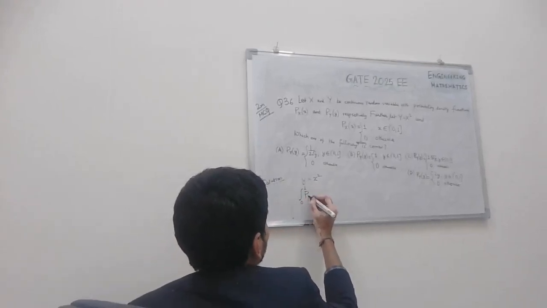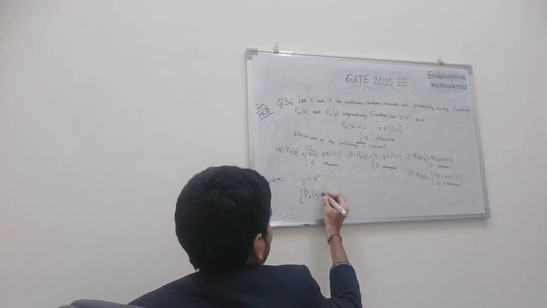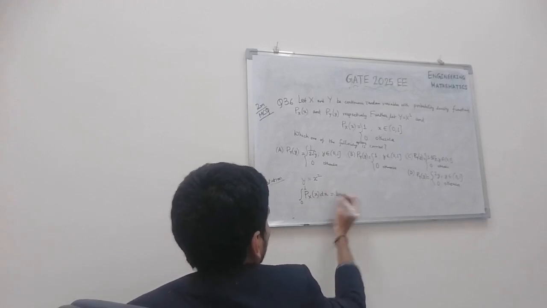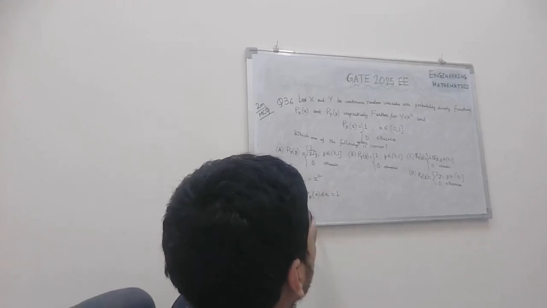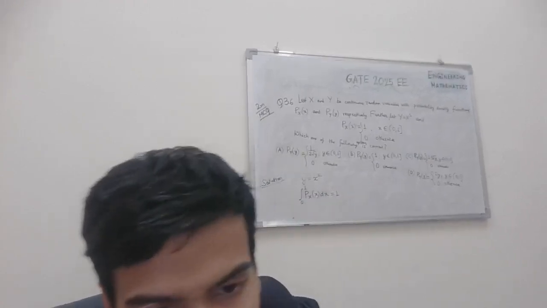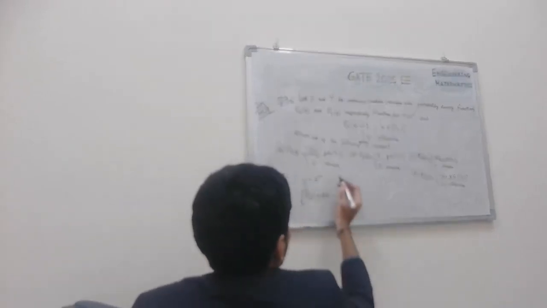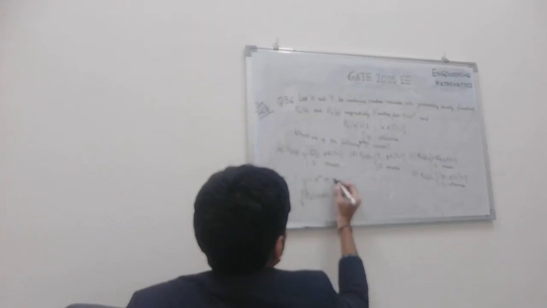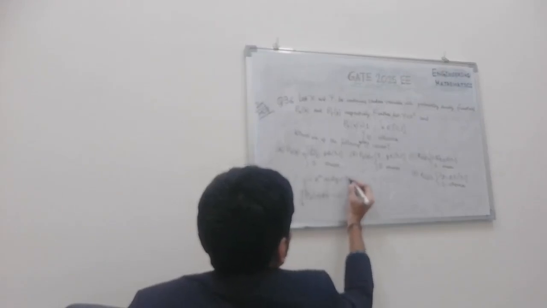Here the probability from 0 to 1 gives 1. Now from this equation, dy equal to 2x dx.